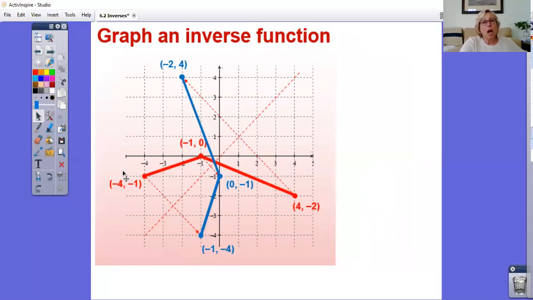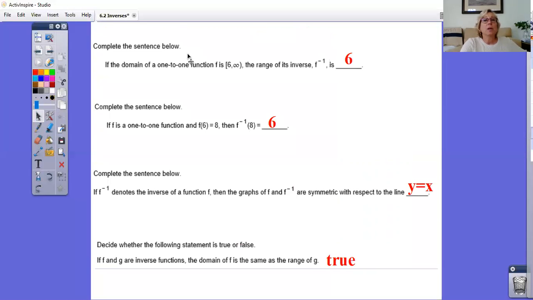Same thing here, (-4, -1) is on the original, so (-1, -4) is on the inverse, and so on, just switching the domain and the range. So some questions. If the domain of a one-to-one function is [6, infinity), then the range of the inverse has to be [6, infinity).